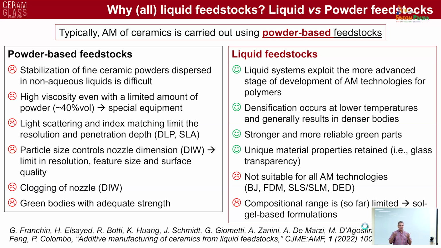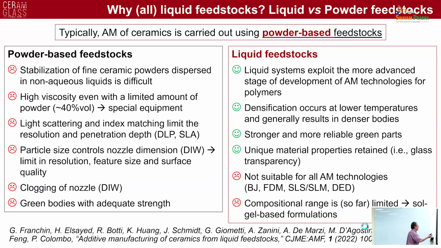So even if you sinter to full density, meaning 99.99%, you still don't get a fully transparent part because of these so-called ghost interfaces. But if you start from liquid precursors, then you can get transparent glass.